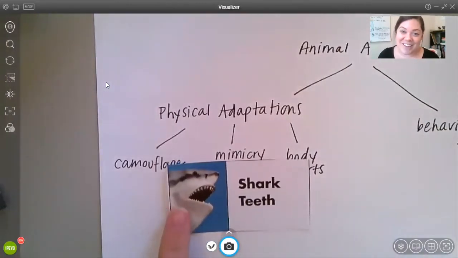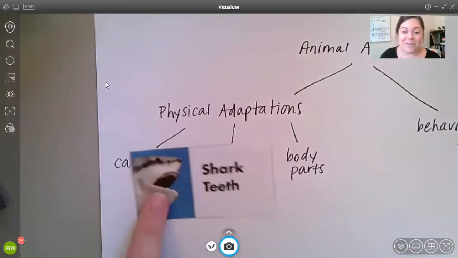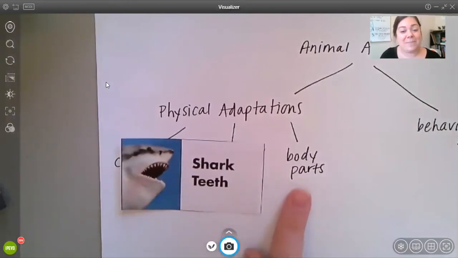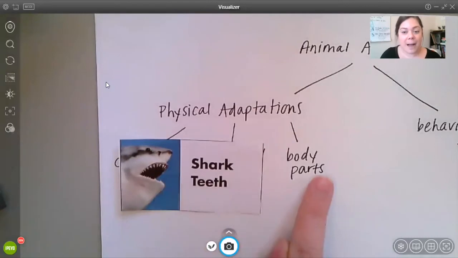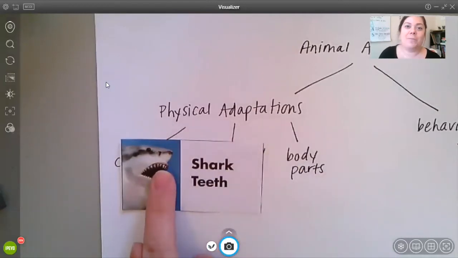Bruce and all other sharks have a very important physical adaptation, or a body part, that allows them to survive. Their teeth. These teeth help them to not only catch their prey, but bite into their prey so that they can have the nutrients they need to survive. So their shark teeth are a body part that allow them to survive, a physical adaptation that helps these sharks survive.